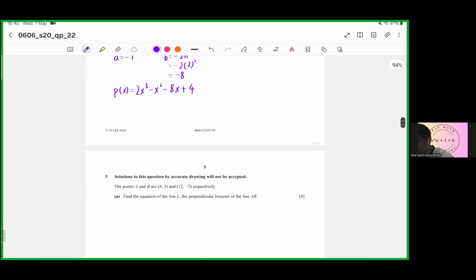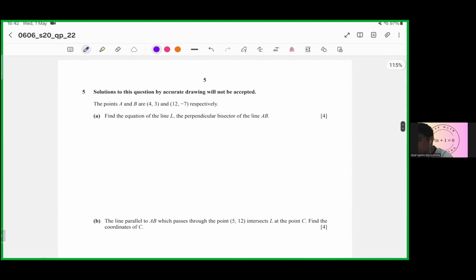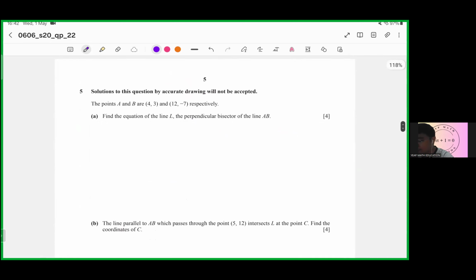Okay, now we look at question 5. Question 5 is saying the points A and B are (4, 3) and (12, -7) respectively. So find the equation of the line L, the perpendicular bisector of the line AB. So now what we need to do is find the midpoint of AB.